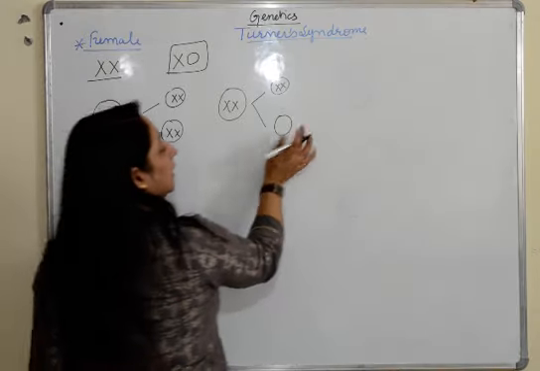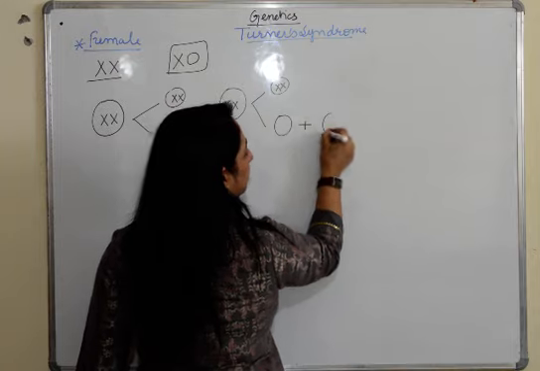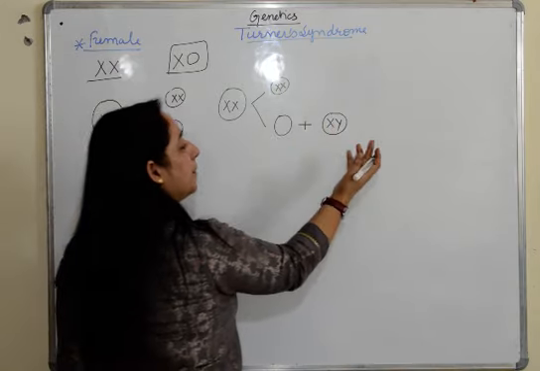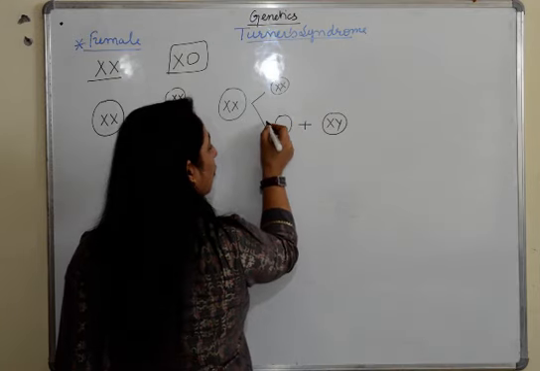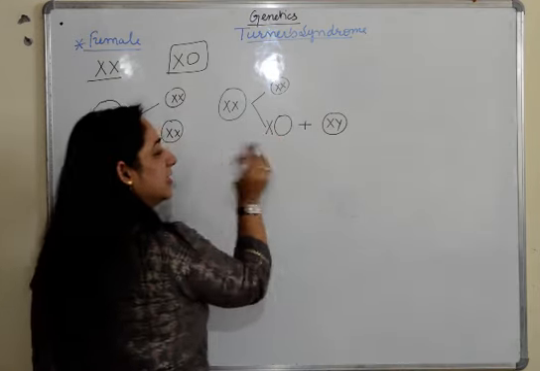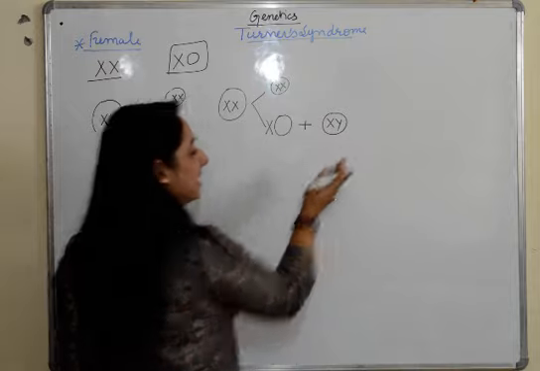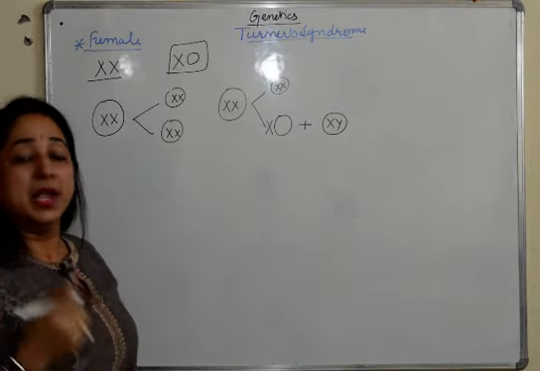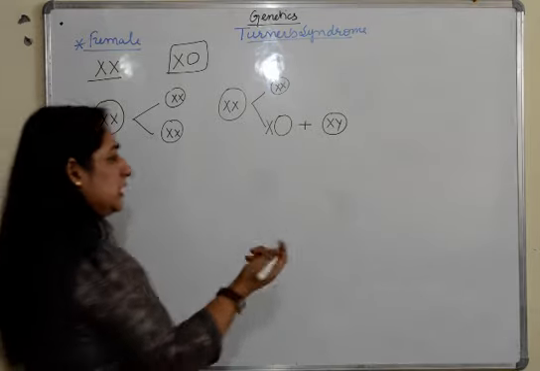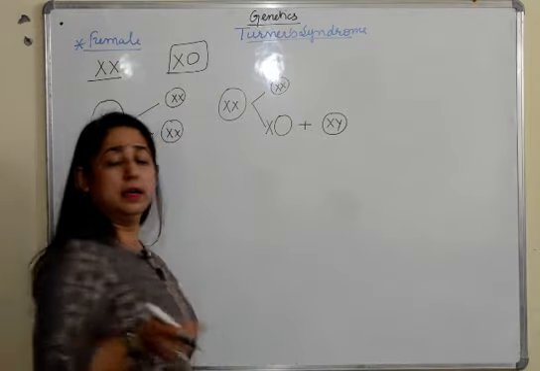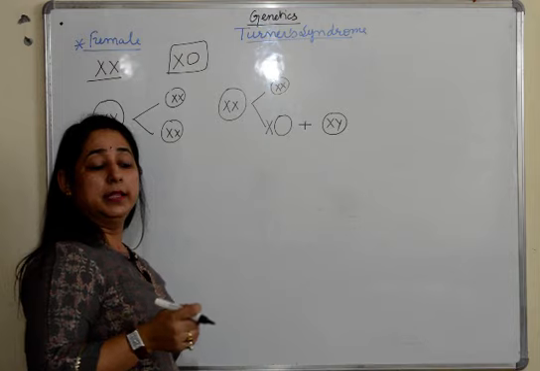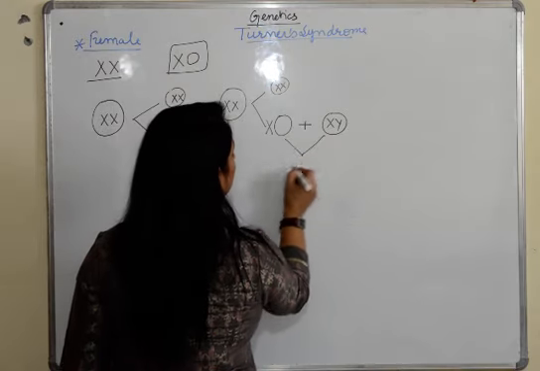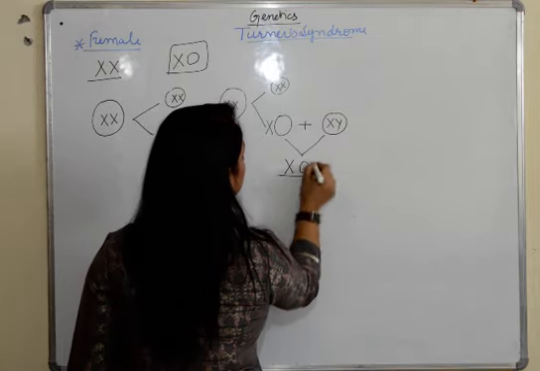Now suppose this empty egg is further crossed with a male, this female marries a male, so it has one X and the other is 0. So when it marries a male, what happens? It will result in the formation of a female with this condition.